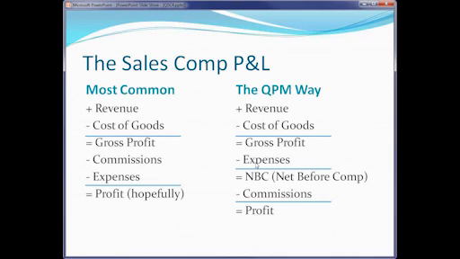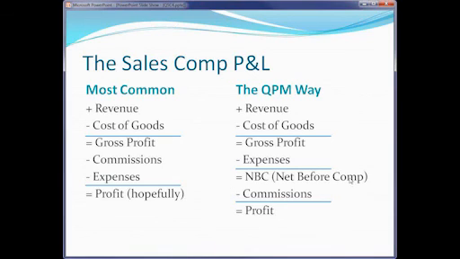Your particular dynamic will dictate who it is. But there's somebody out there that is being paid to have an interface with the customer and is being paid, hopefully, to persuade companies to buy from us, buy more profitably from us. Those people should be excluded from the calculation, or their pay should be excluded. So that gives us an NBC number, net before compensation. Then we take the sales commissions or sales payout, and it gives us the bottom line.